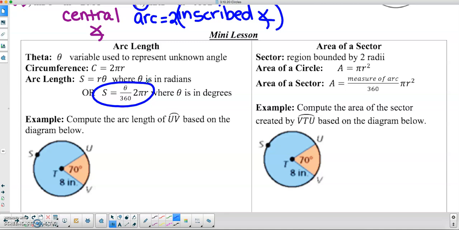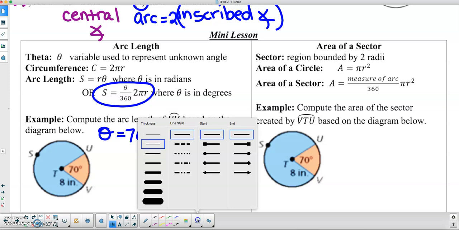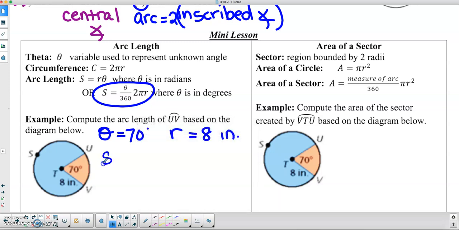Based on the diagram, I can clearly see that my theta, my central angle, is equal to 70 degrees, and I know that my radius is equal to 8 inches. So based on this, I can go straight into finding the arc length. I'm going to use the formula S equals theta divided by 360 and then multiplied by my circumference, which is 2 pi r.